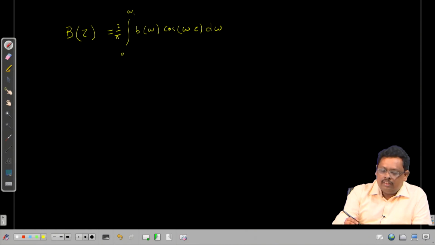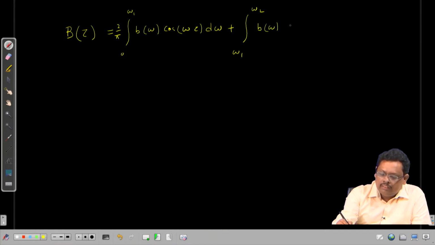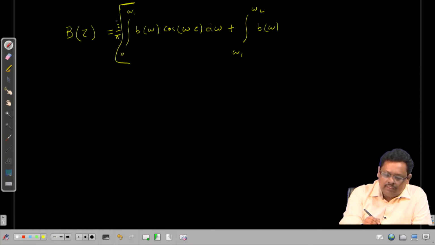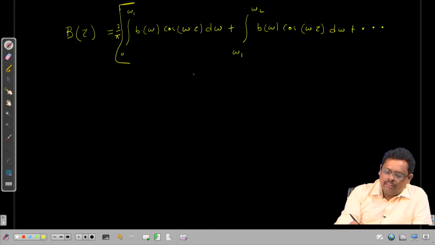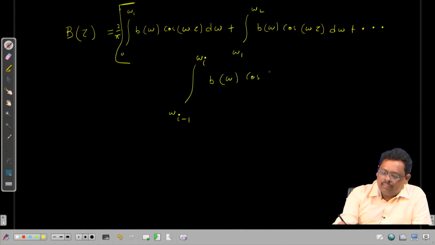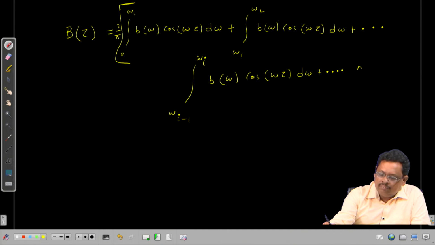So, I make this 2 by pi outside, then omega_1 to omega_2 of b(omega) cos(omega tau) d omega and so on. In the ith interval it is omega_{i-1} to omega_i, again b(omega) cos(omega tau) d omega, till the nth term.